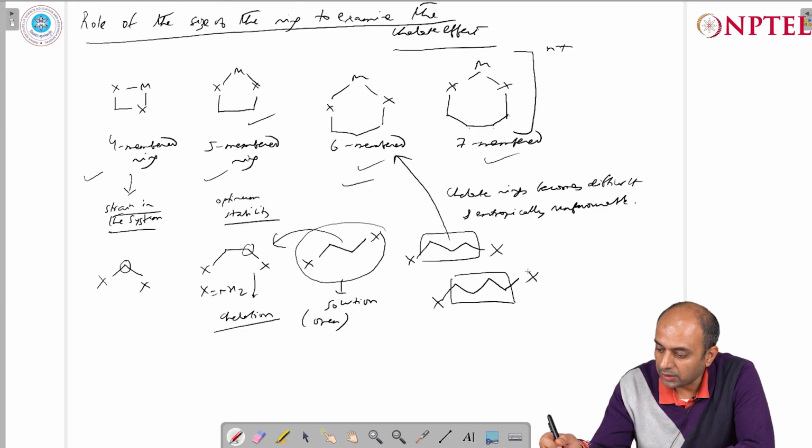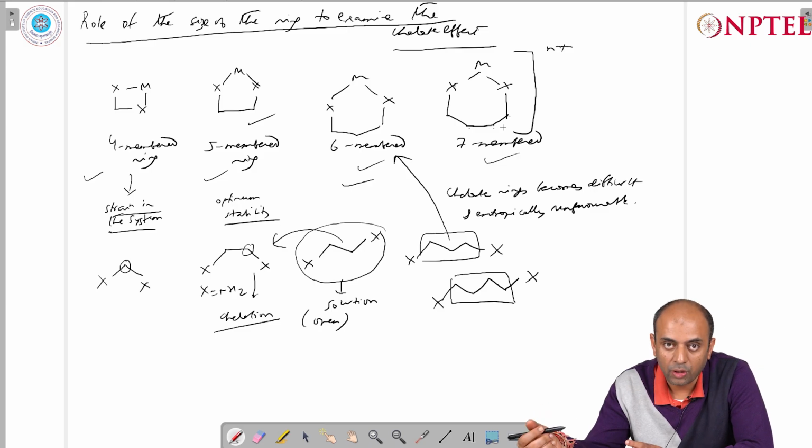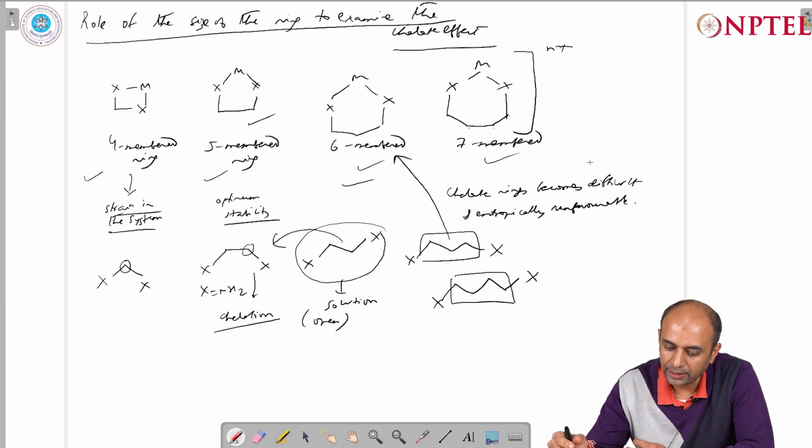Therefore, statistically the probability of this folding into a more closed conformation to form the chelate ring is increasingly difficult, because it has an entropy component associated with it, and therefore the stability of the complexes decreases when we increase the size of the ring. This is one factor which is responsible for the stabilization or the magnitude of the binding constant associated with the Chelate effect.